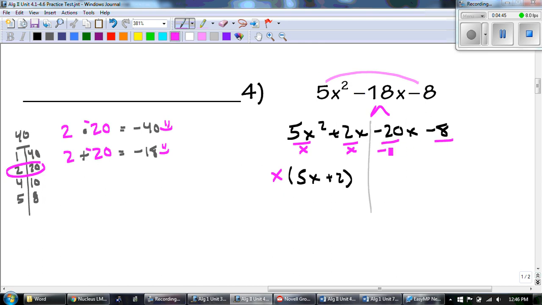In the back, it's negative, and it's a negative 4. And then when you divide that out, negative 20 divided by negative 4 is a positive 5x. Negative 8 divided by negative 4 is a positive 2. So then 5x plus 2, x minus 4.